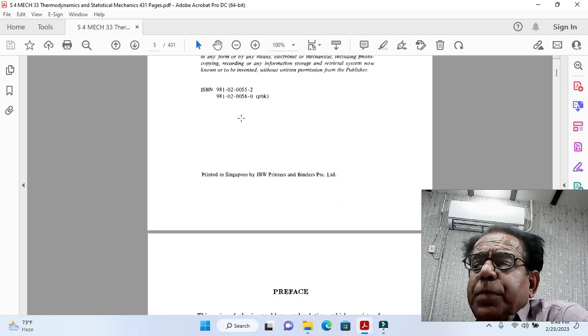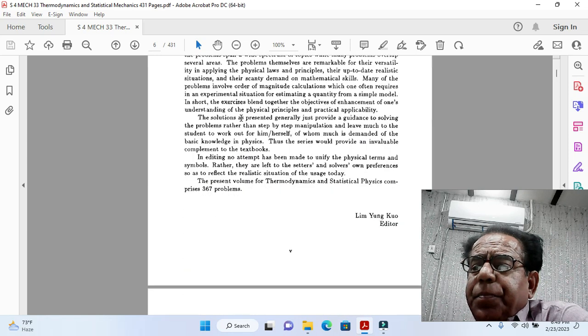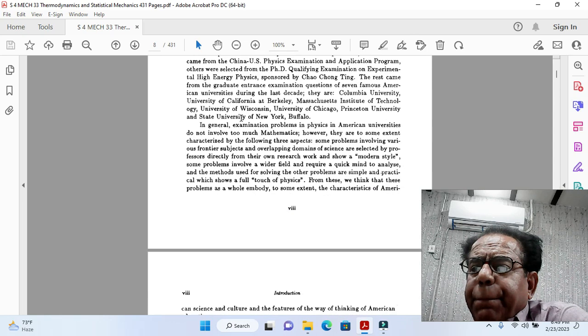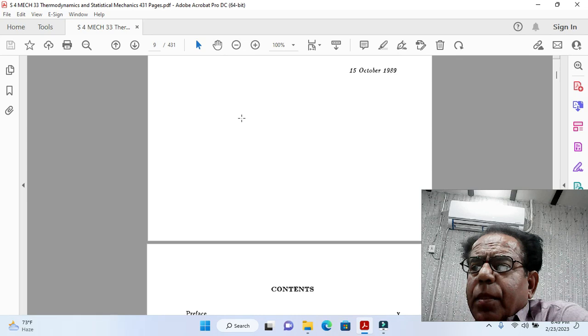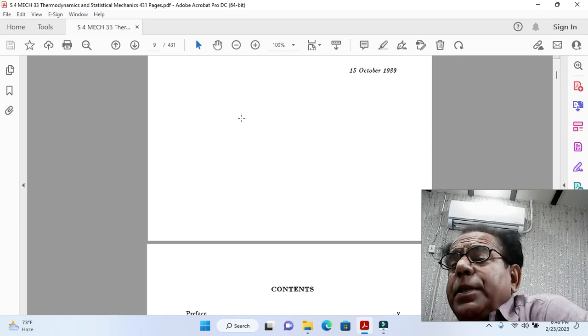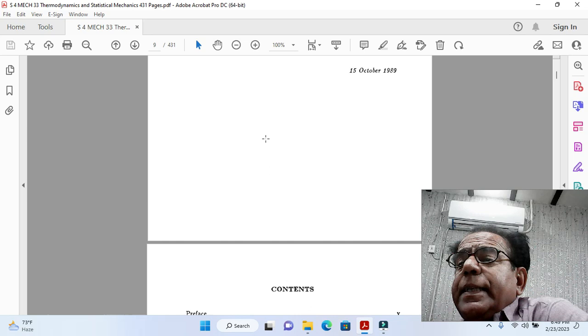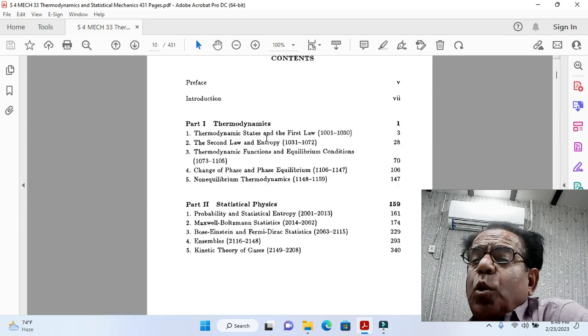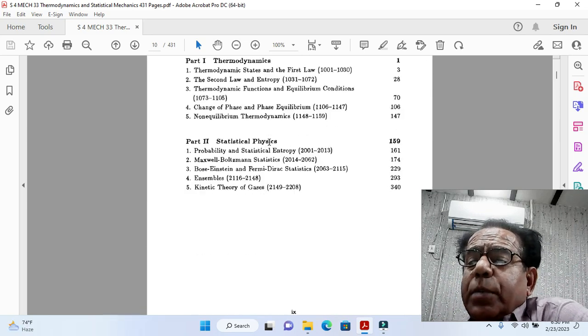This book was published in the year 1990. Because this book was published in 1990, its preface was written on 15 October 1989. Now we come towards its contents. Thermodynamics.